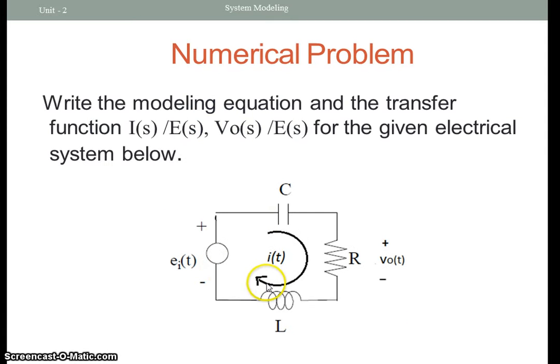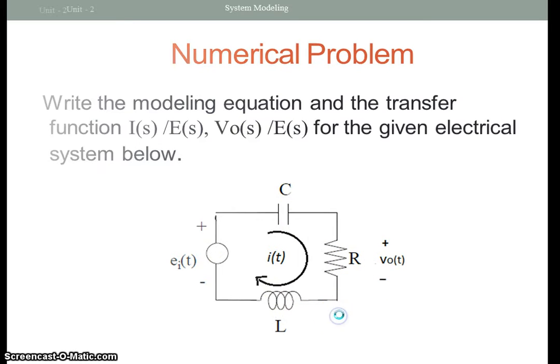So this is our given electrical circuit, where we have a series connection of a capacitor, a resistor, and an inductor. And the output voltage is taken across the resistor.